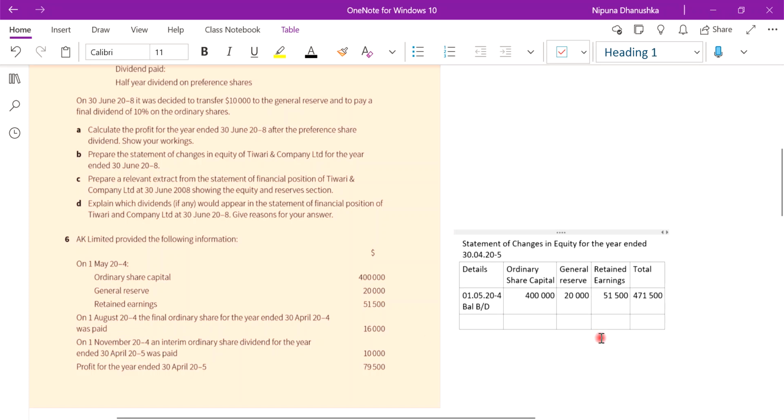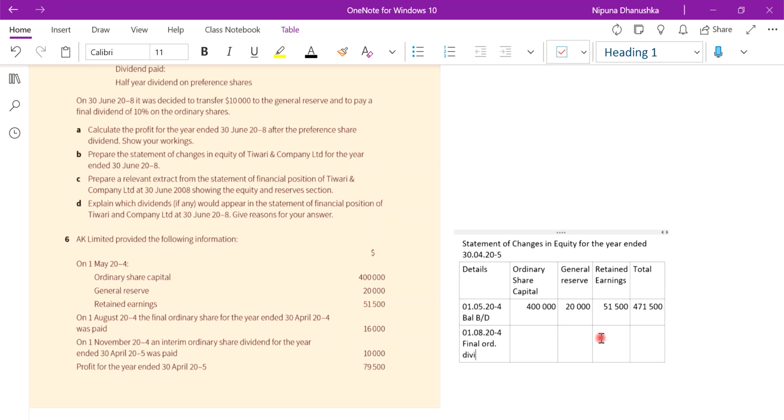So yes, final ordinary share dividend 16,000, deducted from the total.